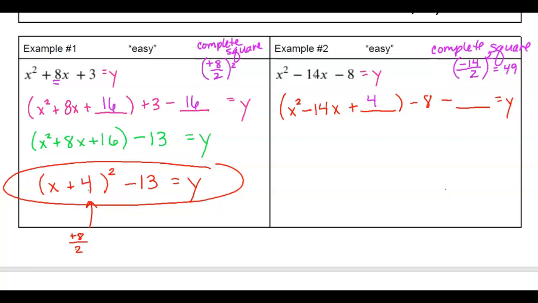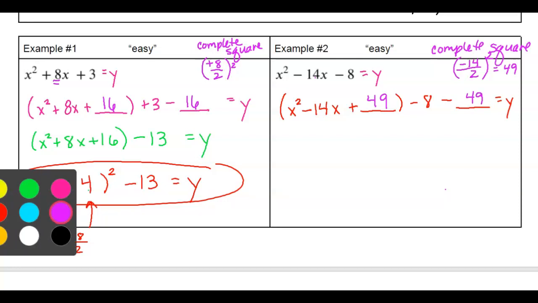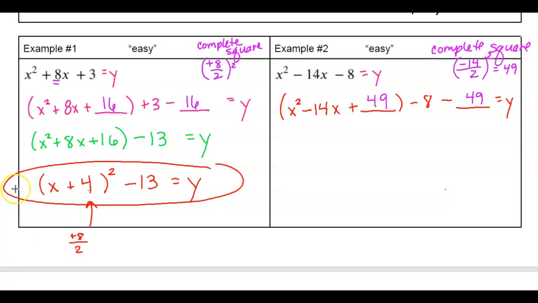So that's what goes on both blanks. Okay, step number 4, we're going to clean up the outside numbers. So x squared minus 14x plus 49. Negative 8 minus 49 is negative 57.